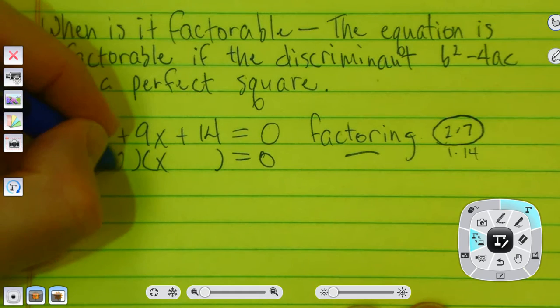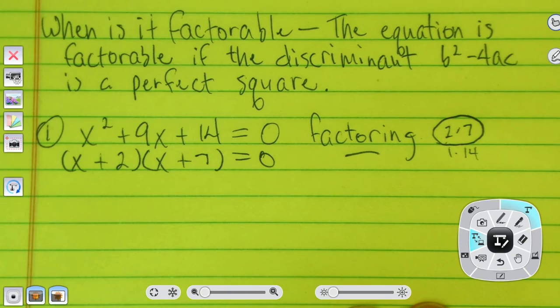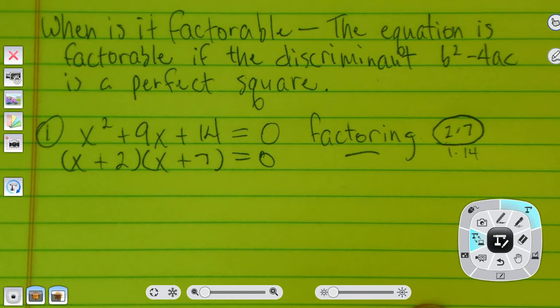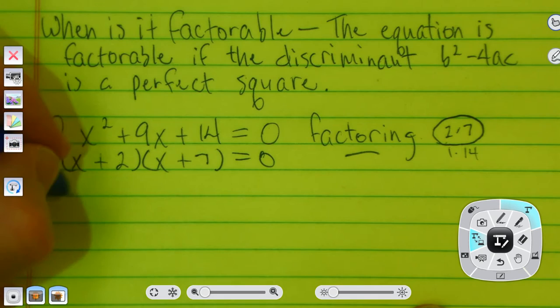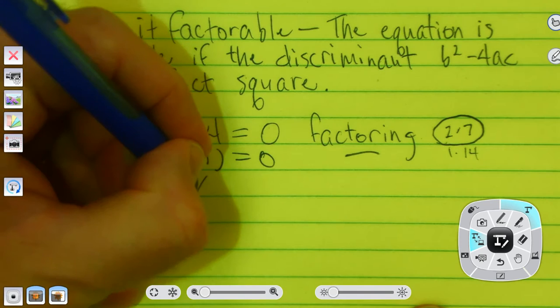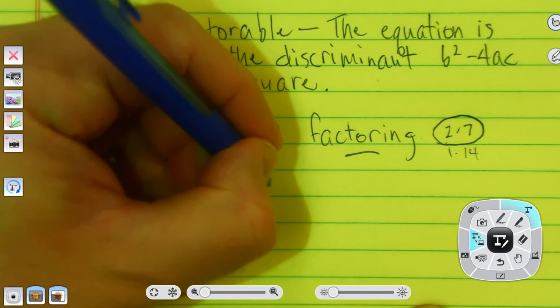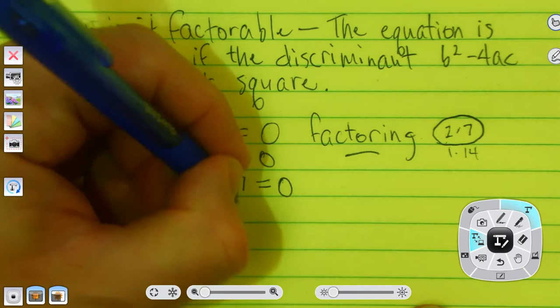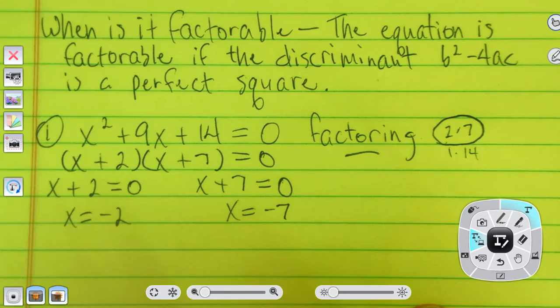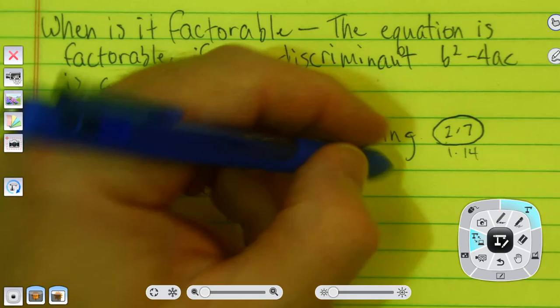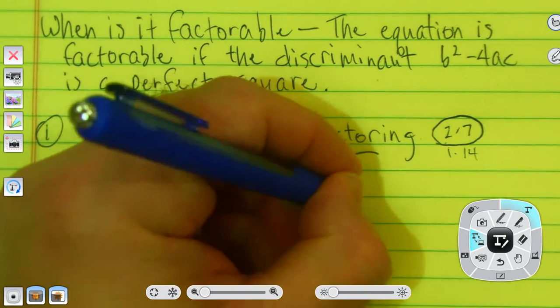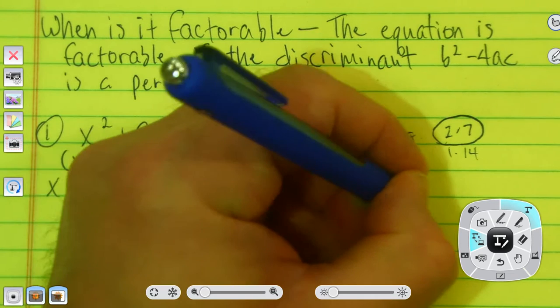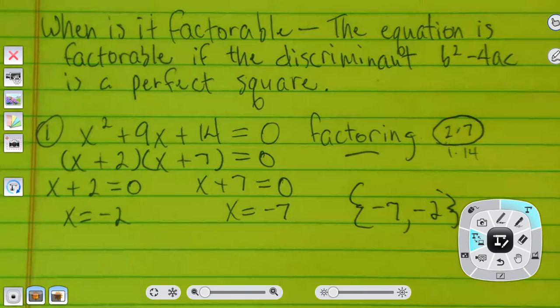So it's plus 2 plus 7. So I've factored it. Set each factor equal to 0 and solve. So my solutions are -2 and -7. If I write that in set notation, I just write it like that.